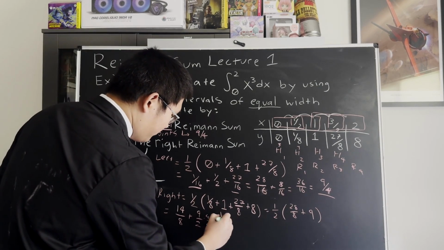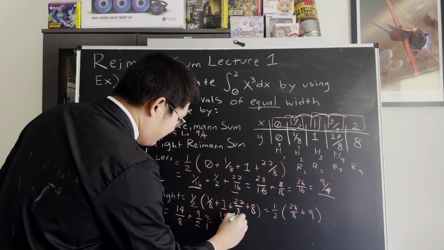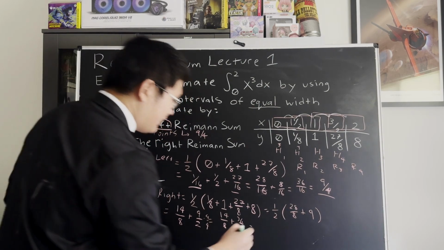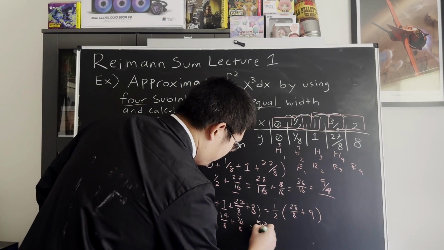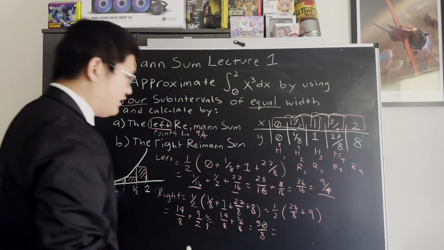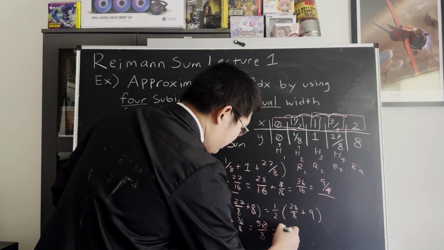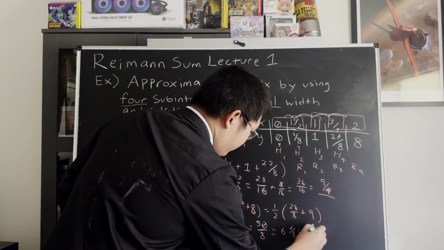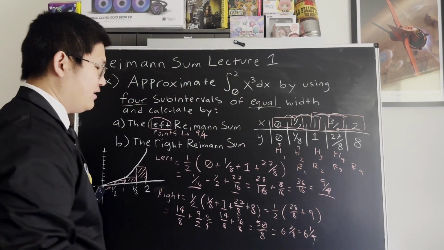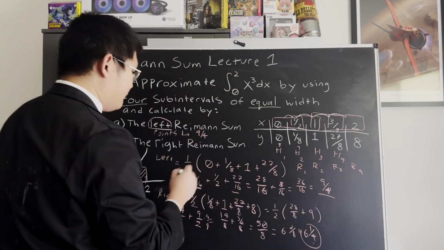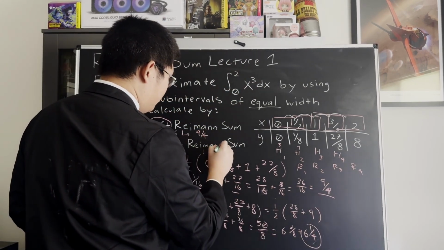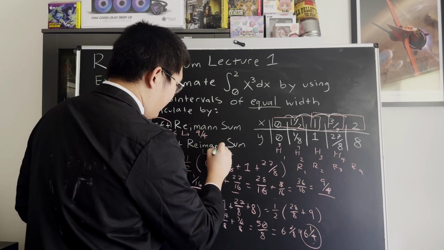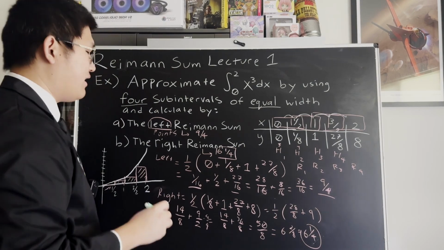So it becomes 14 over 8 adding with 36 over 8, which gives us a whole 50 over 8, which simplified is 6 and 2/8, which is going to be 6 and 1/4. Okay, fairly nice. So again, the right Riemann sum that we just calculated is 6 and 1/4 as its area underneath the graph.